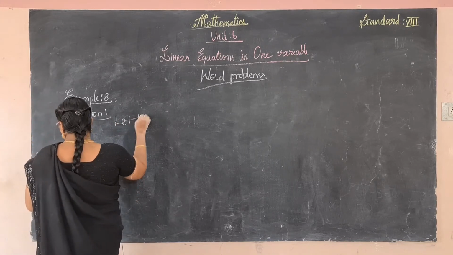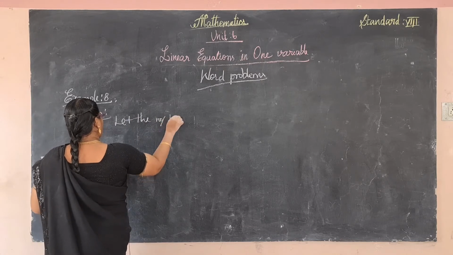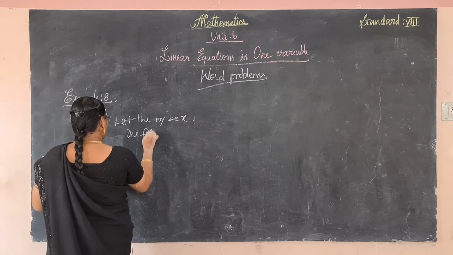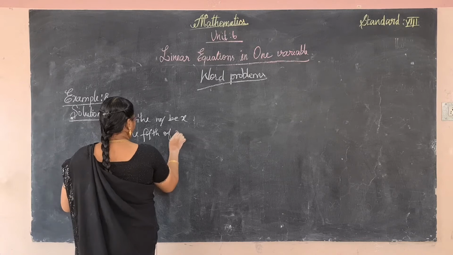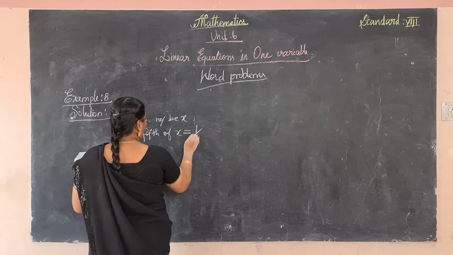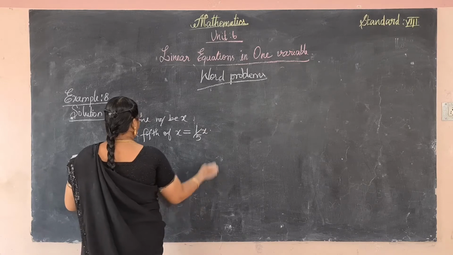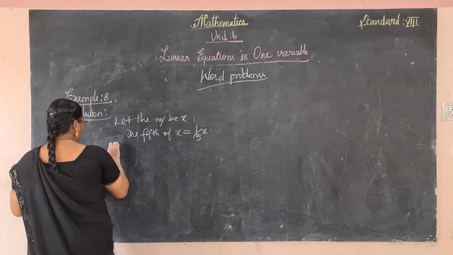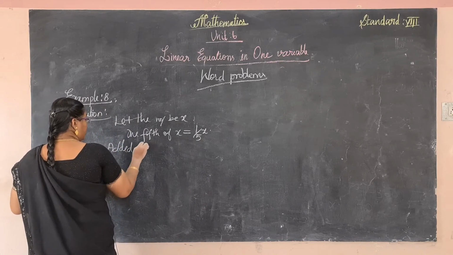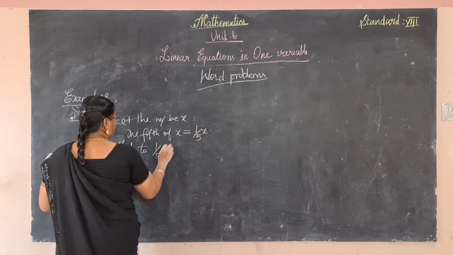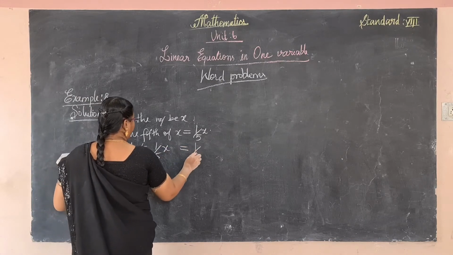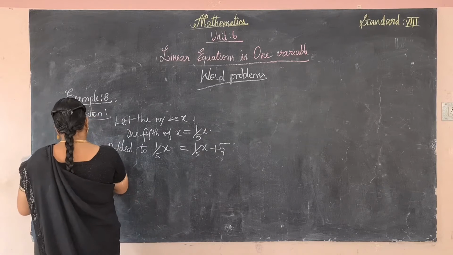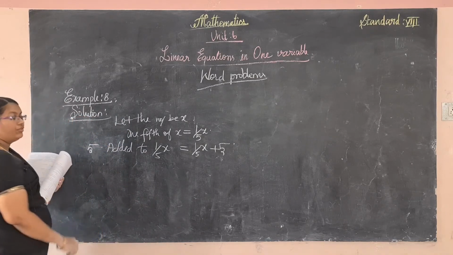Let the number be x. So first, 1/5 of x is 1/5 into x, and then added to 1/5 of x, so 1/5x plus 5 is added to 1/5 of x.